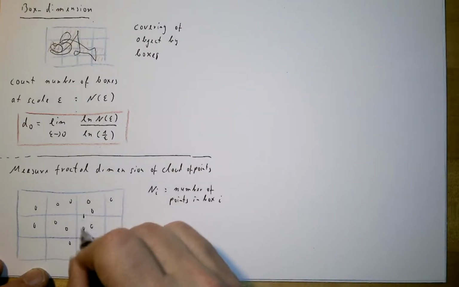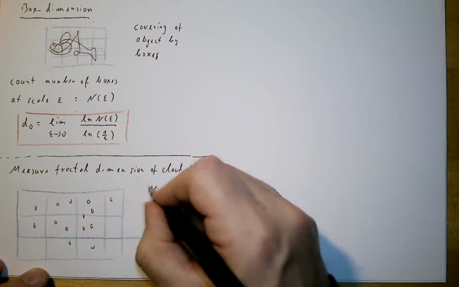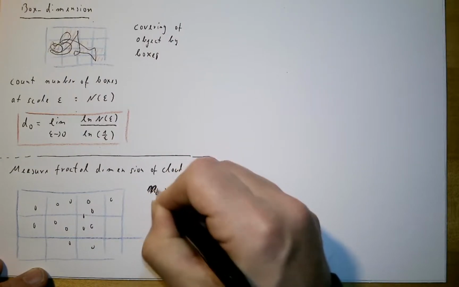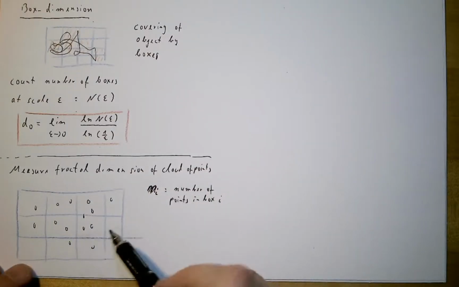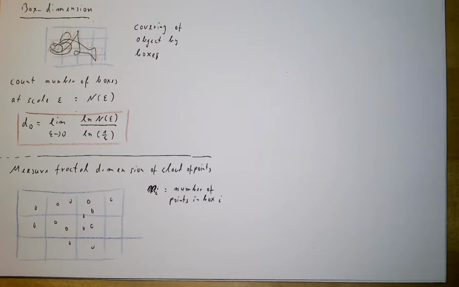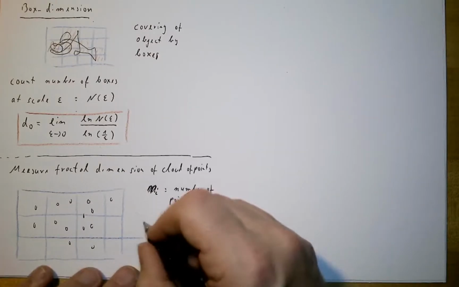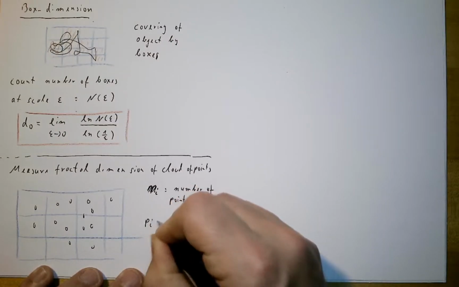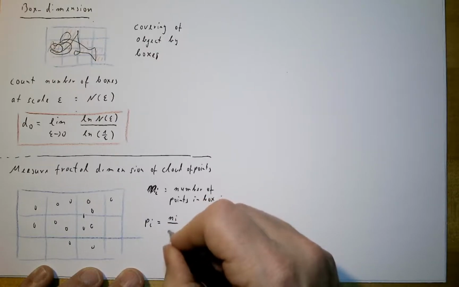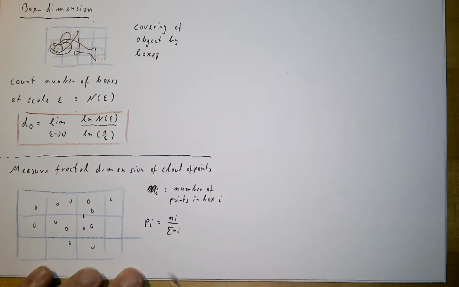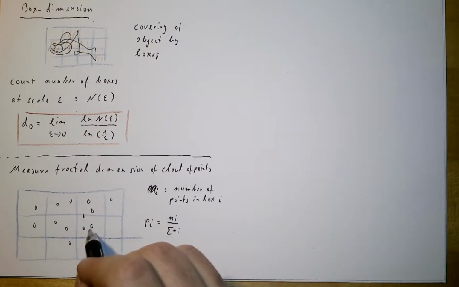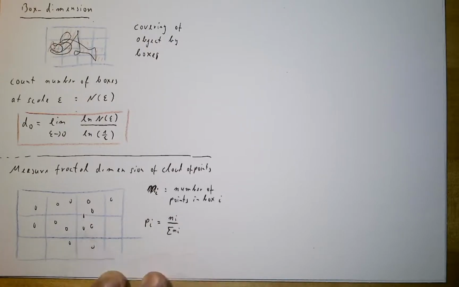That's just the number of points. Maybe I should have given this a small n, so that we see it's a different thing. Then of course we can also calculate the number of boxes I need to cover the whole thing. But I can also introduce a probability P_i. That's N_i divided by the total number of points. So that's the probability that a point of my cloud of points is in box i.